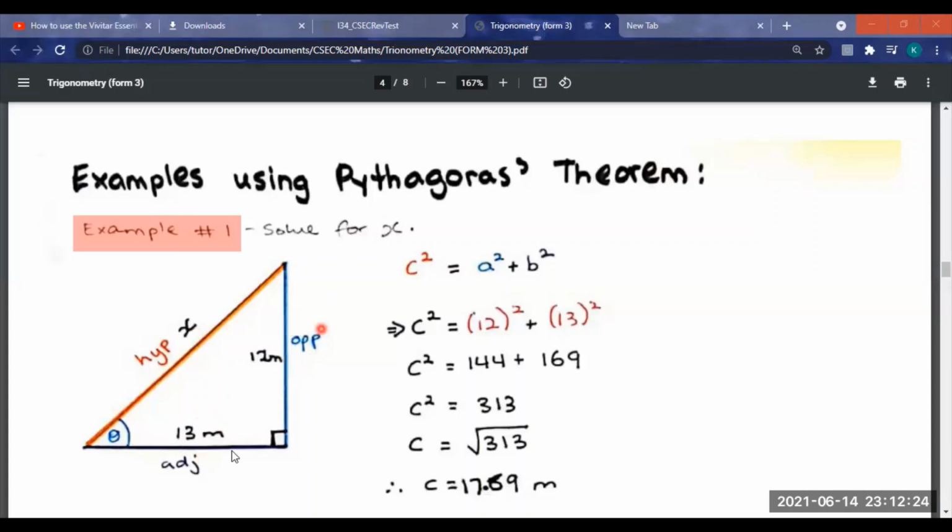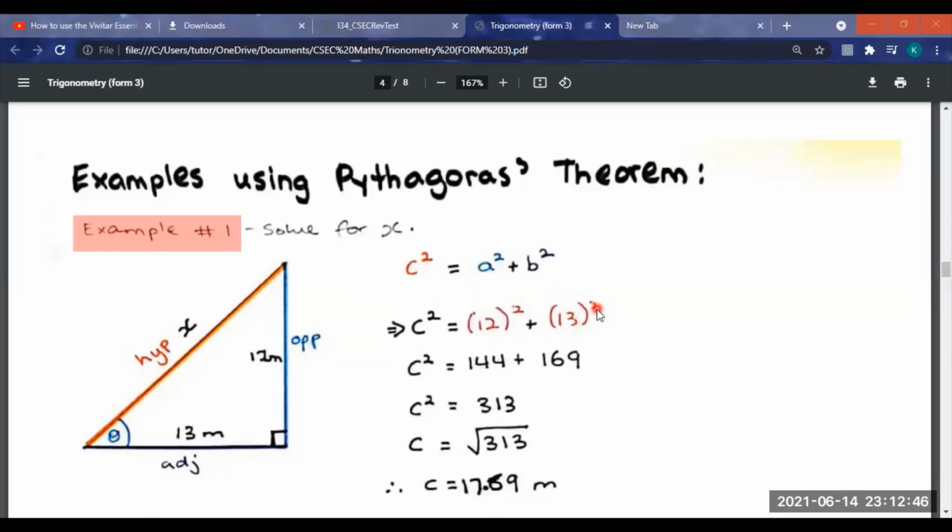Then we could let either one be a and b, so I let 12 be a and 13 be b. It doesn't matter which one is which when you're solving for the longest side. You just need to pick one and assign it. Whenever you're substituting, I need you to use your brackets.